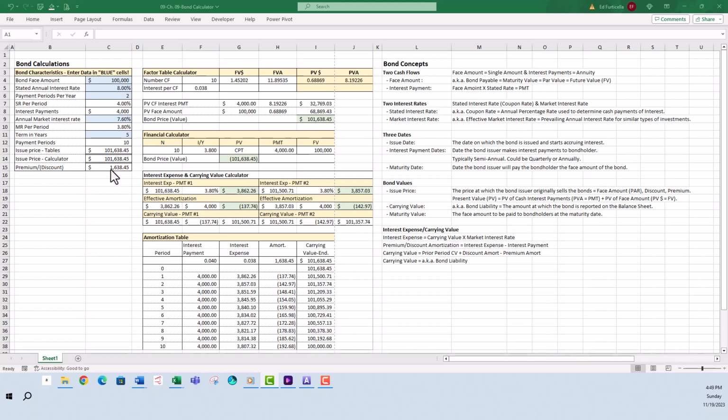Because this is a premium bond, we have to amortize the initial premium over the life of the bond. The amount to be amortized is the difference between interest expense and the cash interest payment. That amount is $4,000 minus $3,862.26, or $137.74.